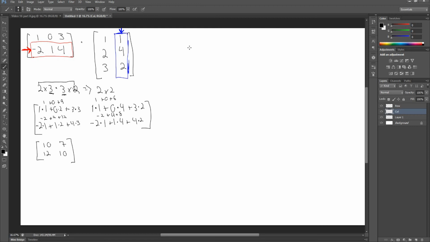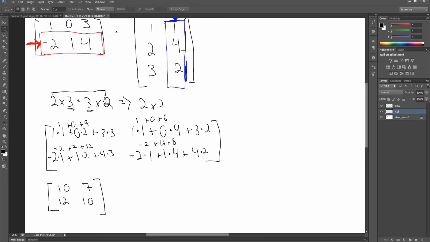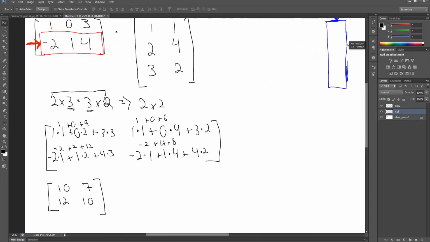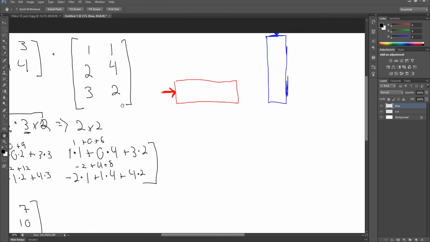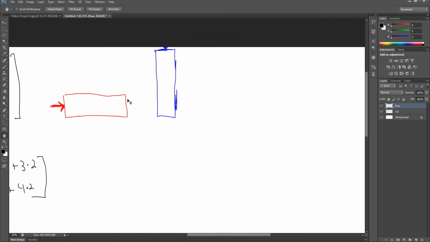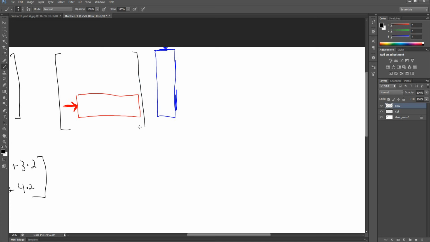So I'm now going to move my column over, so I have new space, and then move my row over, so I have new space. I'm going to give this a 2 by 3 and a 3 by 3.